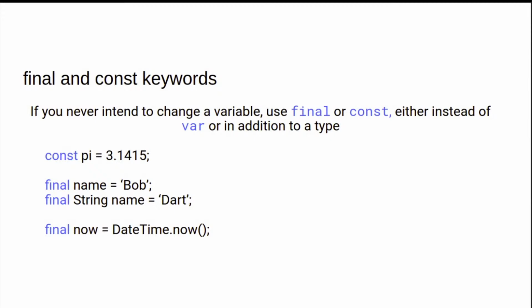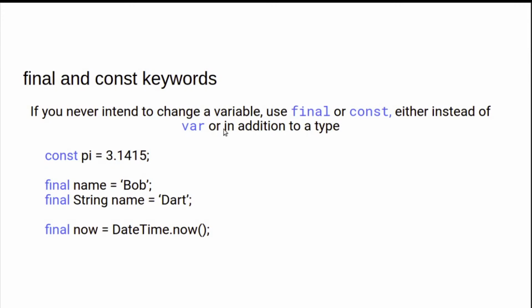For example, take pi, the value of pi is known to us while we are writing code, and so it is known prior to running. So we can use const. And for example, where we can use final is like this. Say we are making an HTTP GET request, and we are getting an HTTP response.